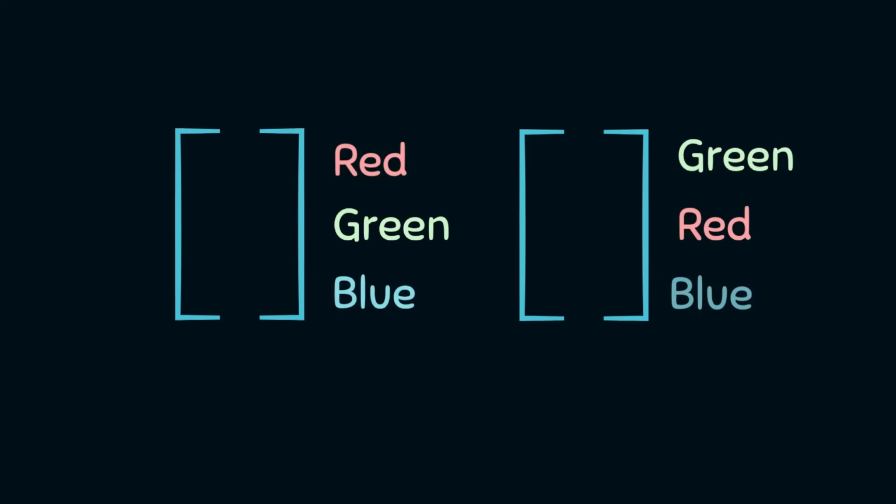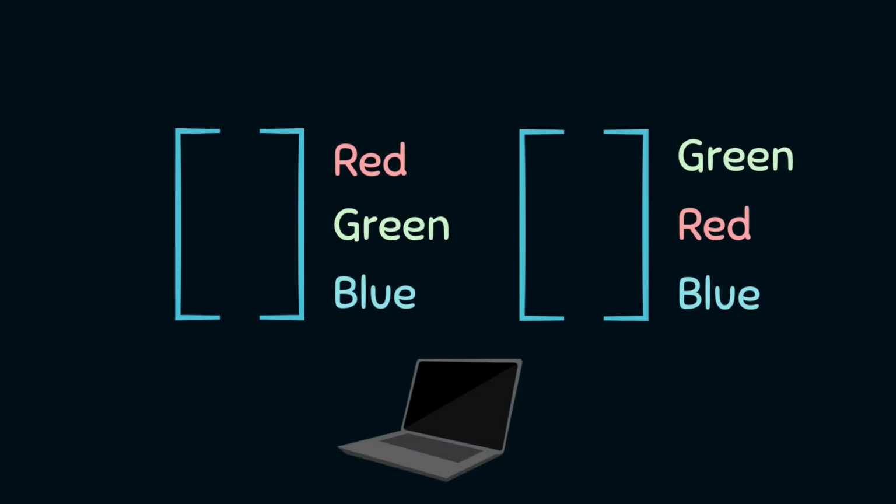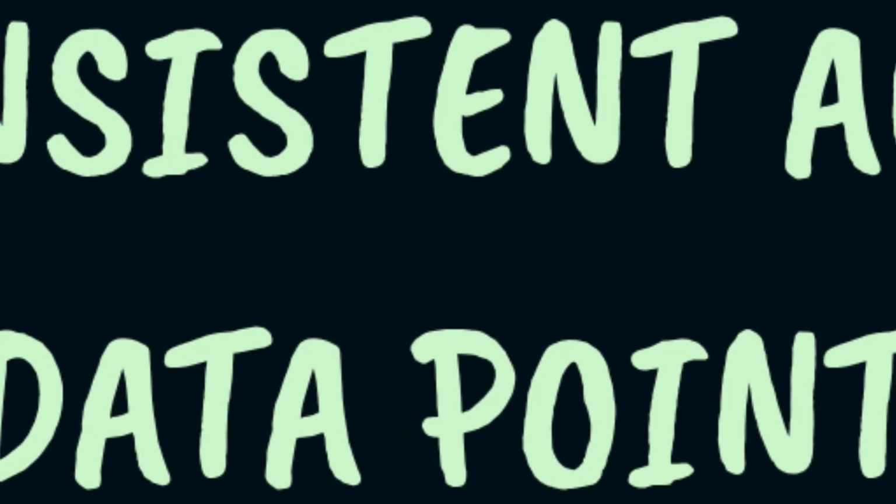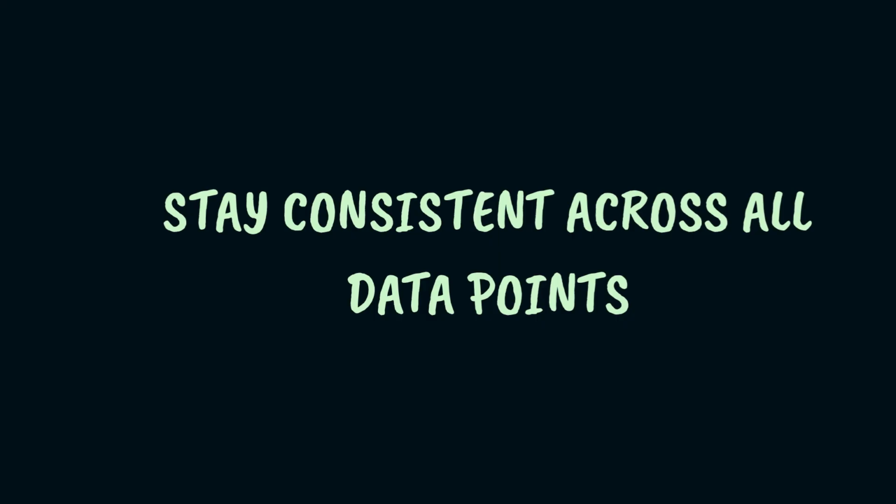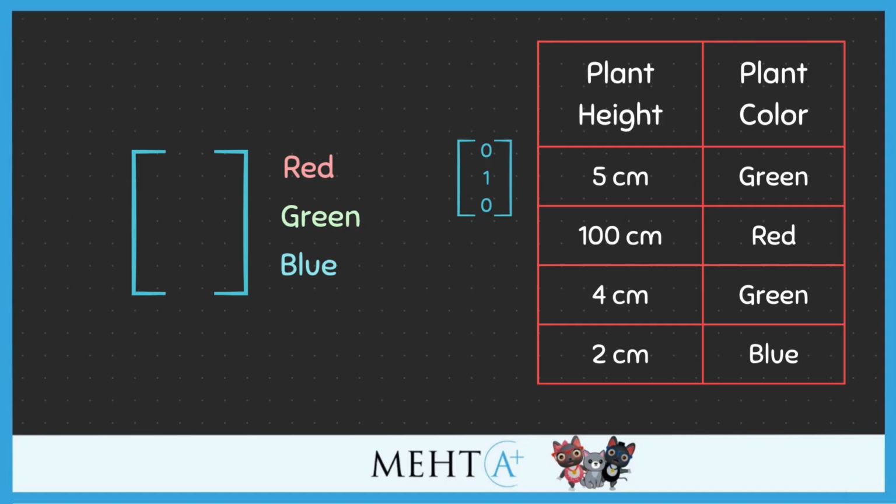The answer is the order doesn't matter, because again, the computer doesn't know what each of these entries mean. But you must make sure that your entry order is consistent between all rows in your dataset. So if red corresponds to the first entry for the first row in your dataset, it should correspond to the first entry for all other rows in your dataset, and so on and so forth.